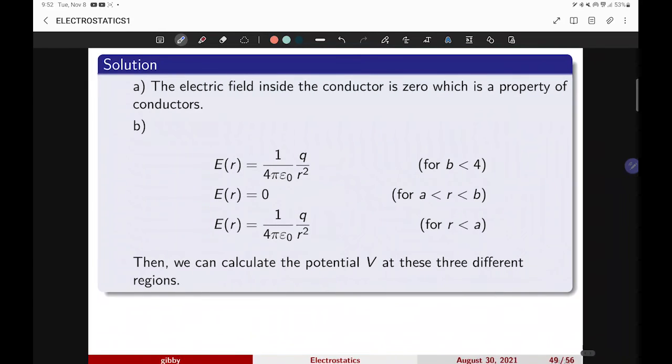The electric field inside the conductor is 0, which is a property of conductors.